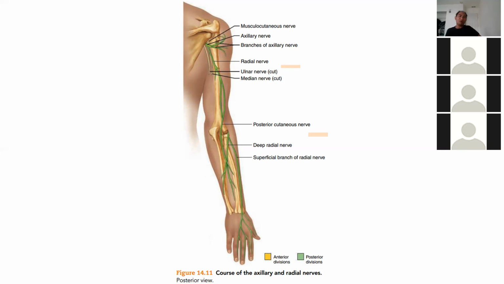It is not pure motor, it is not pure sensory, it is a combination of motor and sensory nerve. So the motor function of the axillary nerve is for the muscle around the shoulder which gives the contour of the shoulder? Deltoid. So the axillary nerve will supply the deltoid muscle.